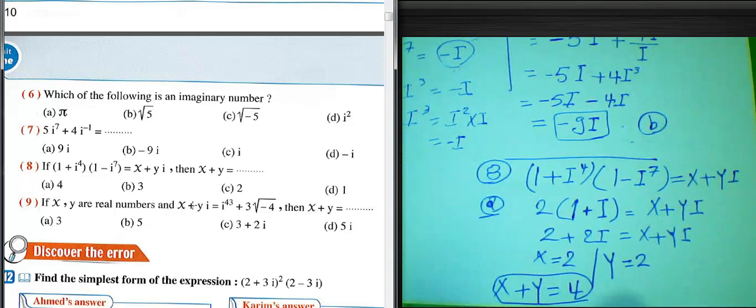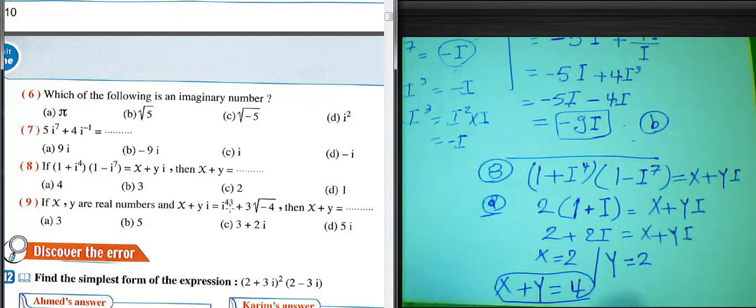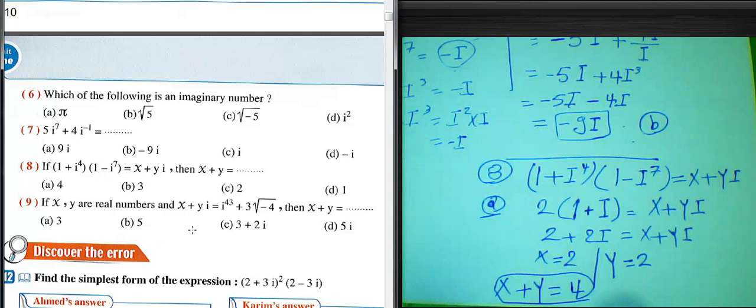Question 9. If x and y are real numbers and x plus yi equals i^43 plus 3 square root of negative 4, then x plus y equals what? Look with me here.